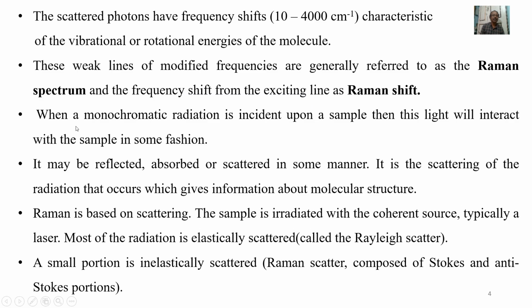When a monochromatic radiation is incident upon a sample, this light will interact with the sample in some fashion. It may be reflected, absorbed, or scattered in some manner. It is the scattering of the radiation that occurs which gives information about molecular structure.